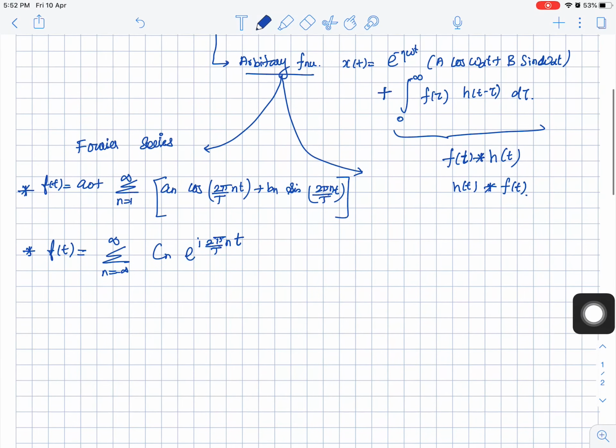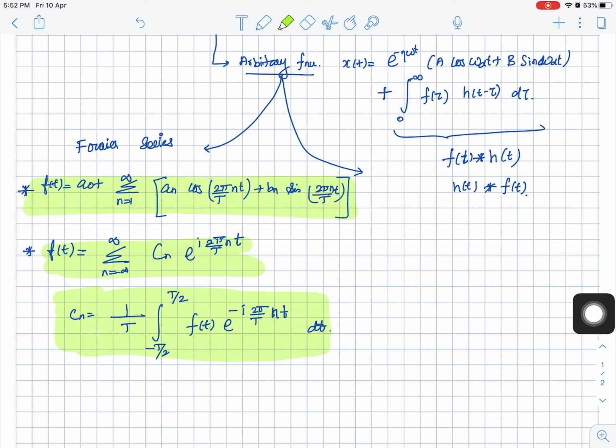Where cn will be 1 by time period of minus t by 2 to t by 2 f of t exponential of minus I into 2 pi by time period n into t into dt. So this one is very important. This will be useful to reduce the complexity of equation. So you must know these are two different forms of Fourier series.